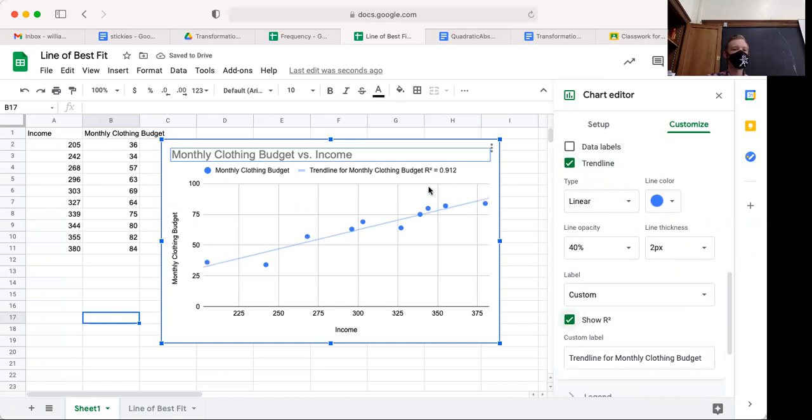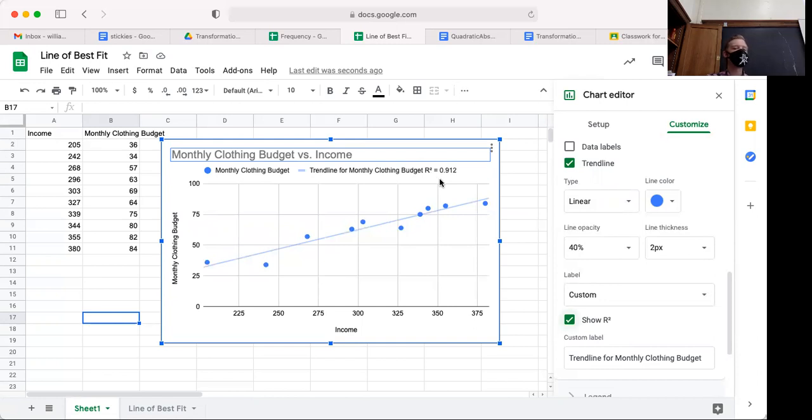And all of a sudden, up at the top here, you see R squared equals 0.912. Now, I will save you all of the detailed mathematics on what this represents, but essentially R squared is a way of measuring how closely these points resemble a line.